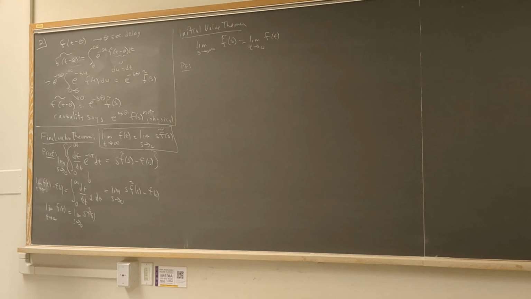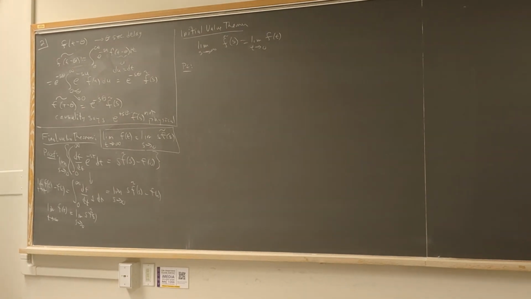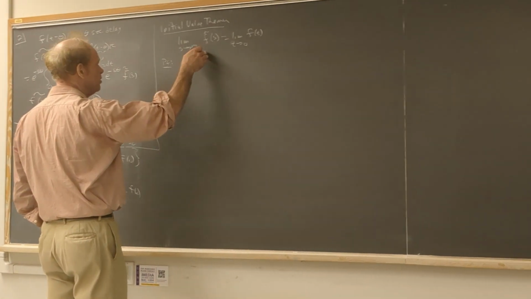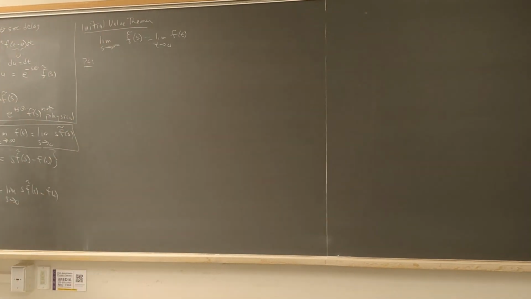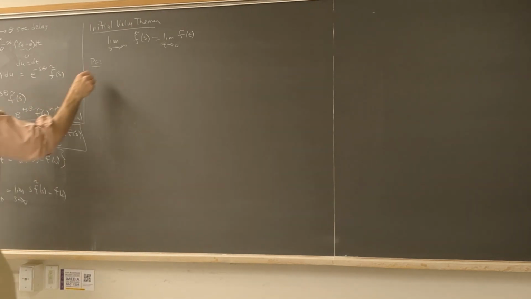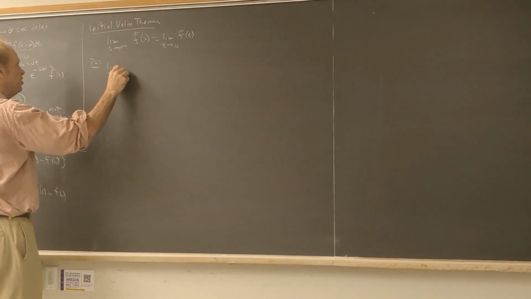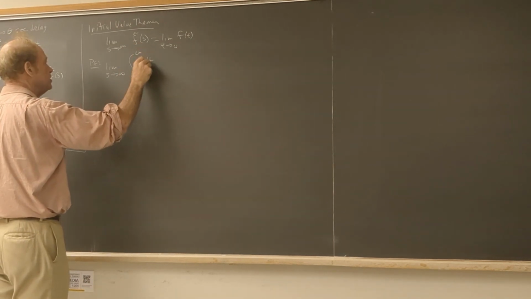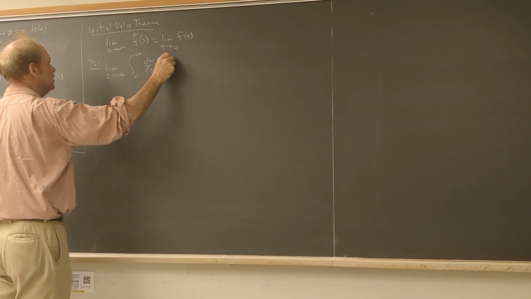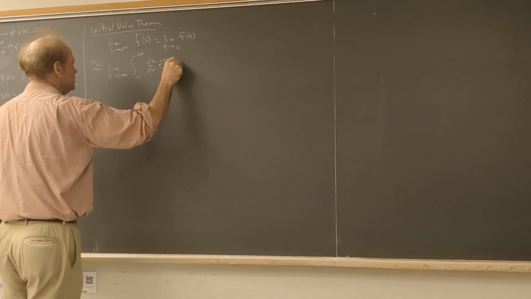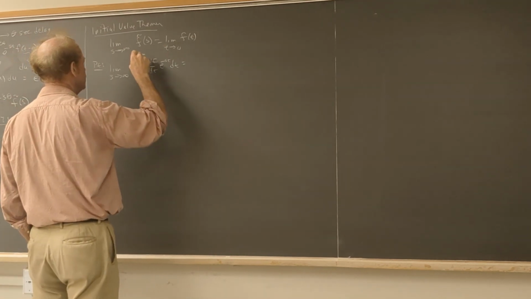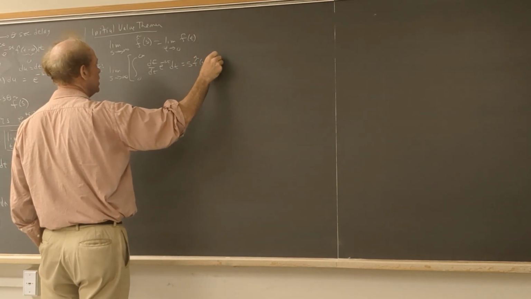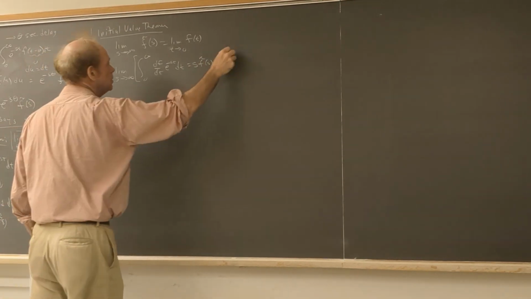Okay, so again, let's look at this case. I may have lost an s here. We'll see in a second. Again, let's look at the limit now as s goes to infinity of the integral from 0 to infinity of df/dt, e to the minus st, dt, which is equal to s f tilde of s minus f of 0.